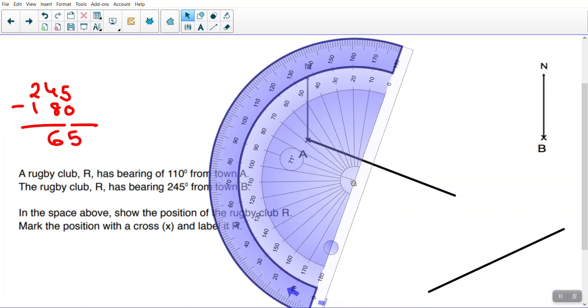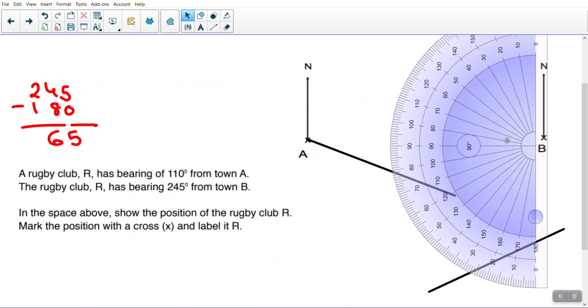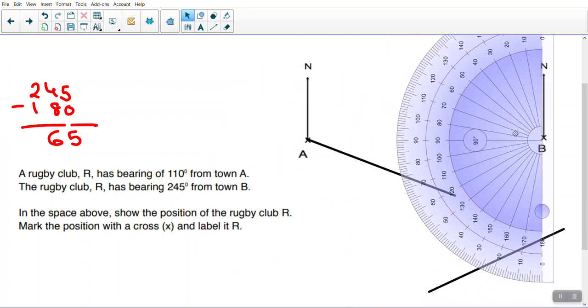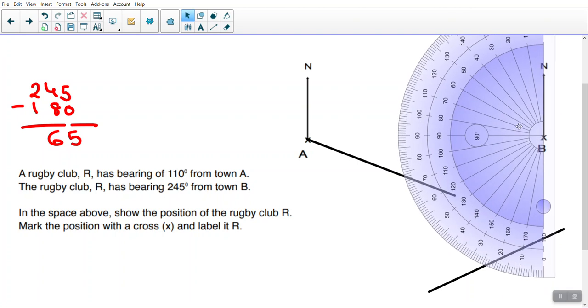When you don't need to measure, if it's not to scale, you can just draw a rough sketch and that's fine, just as long as you label it properly and it's giving an approximate idea. So here is my 0, 10, 20, 30, 40, 50, 60, and that's my 65.